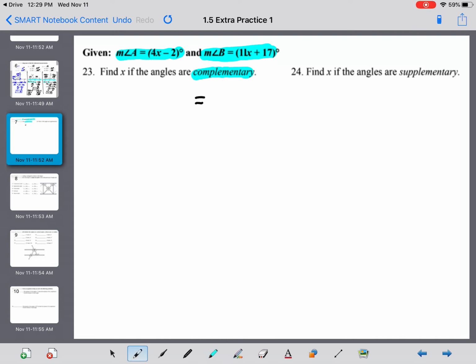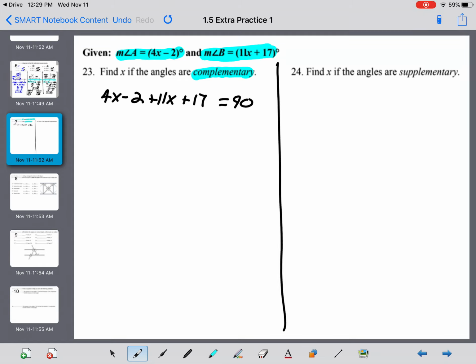Well, complementary means they equal 90. So here we have 4x minus 2 plus 11x plus 17 equals 90. Well, 4x plus 11x makes 15x, and 17 minus 2 is 15.